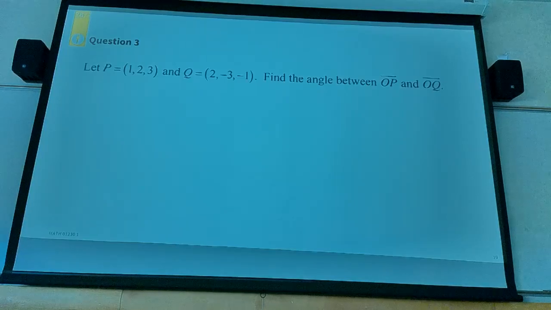Angle between OP and OQ. What does O represent? The origin. That makes the directed line segments very easy to find, right?